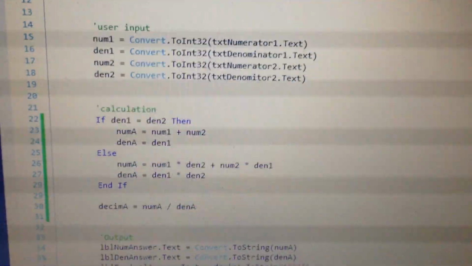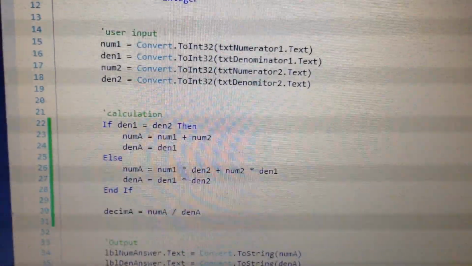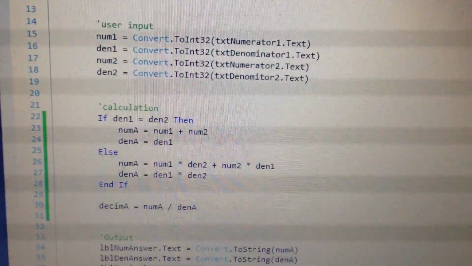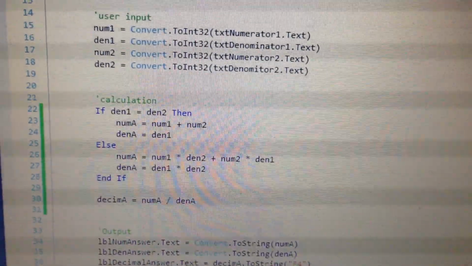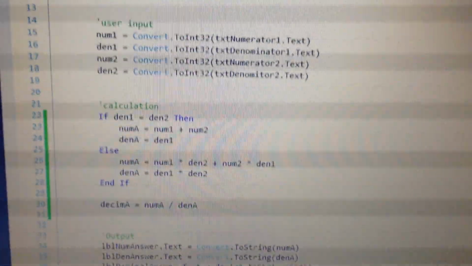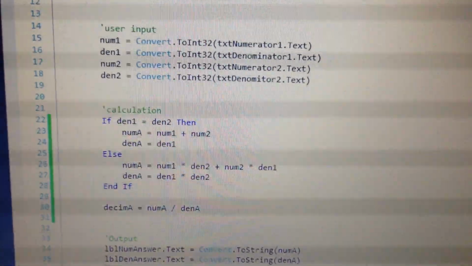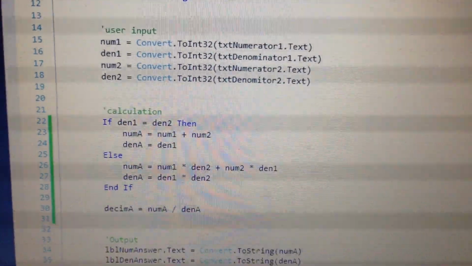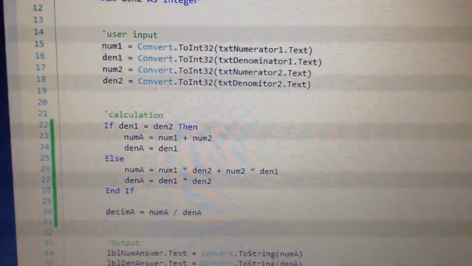Now as far as the calculations, here we have an if-then statement. The reason for that is because we want to find the most common denominator, or a common denominator. If the denominators are already the same, then they're already common, then all we need to do is add straight across in the numerators.